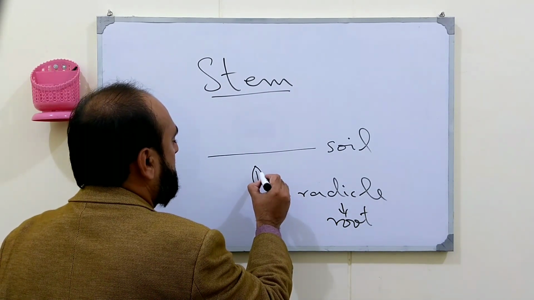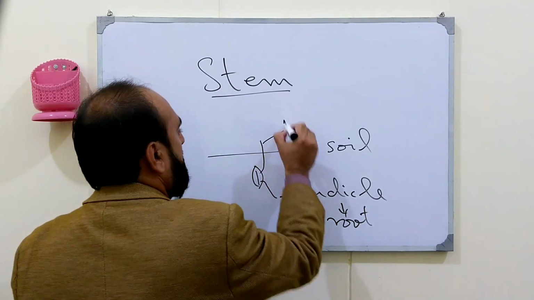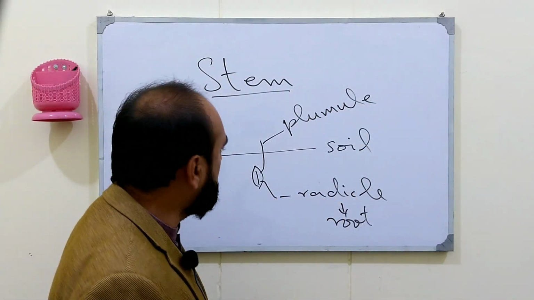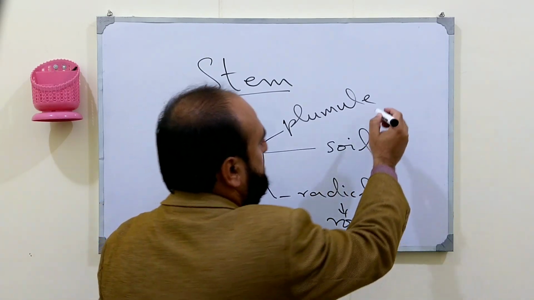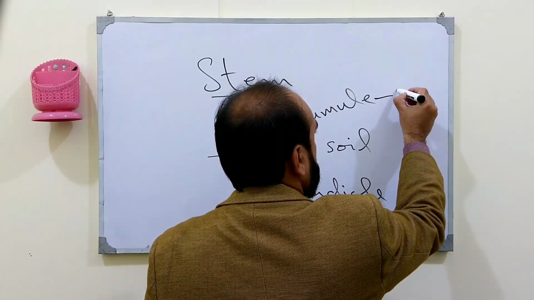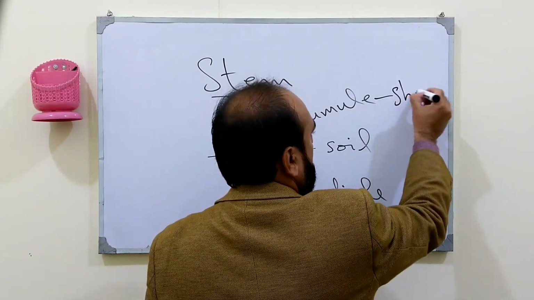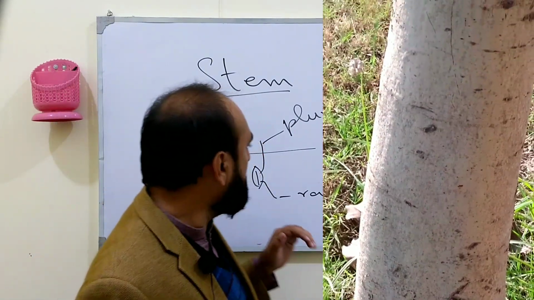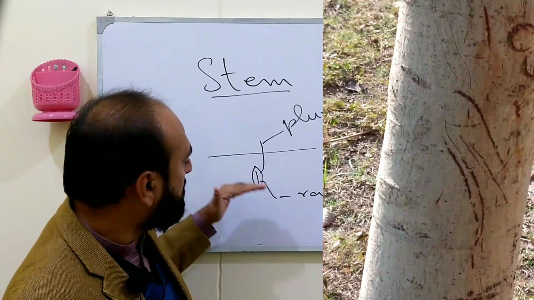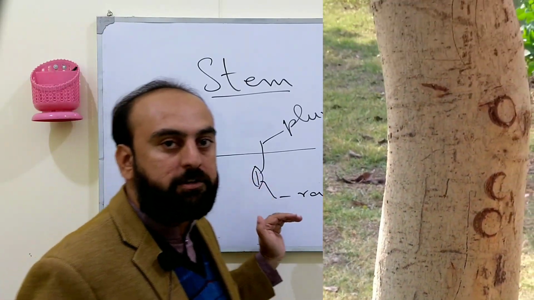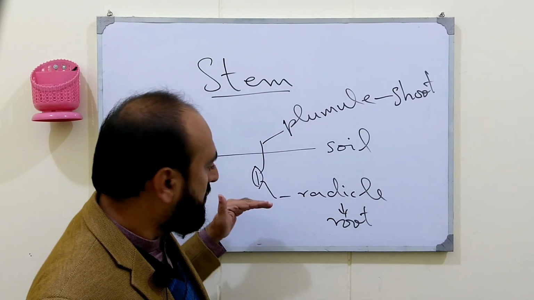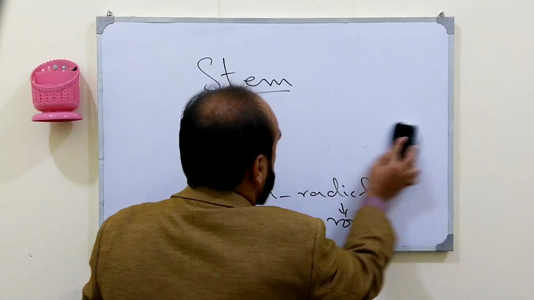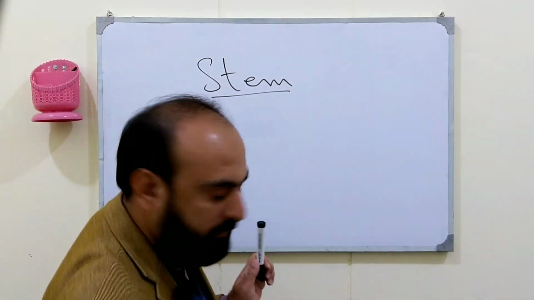While on the opposite side, the germinating seed produces the plumule that produces a primary axis, what we call the stem or shoot. So the stem grows in the opposite direction to the root, whereas the root is positively geotropic, the stem is negatively geotropic.